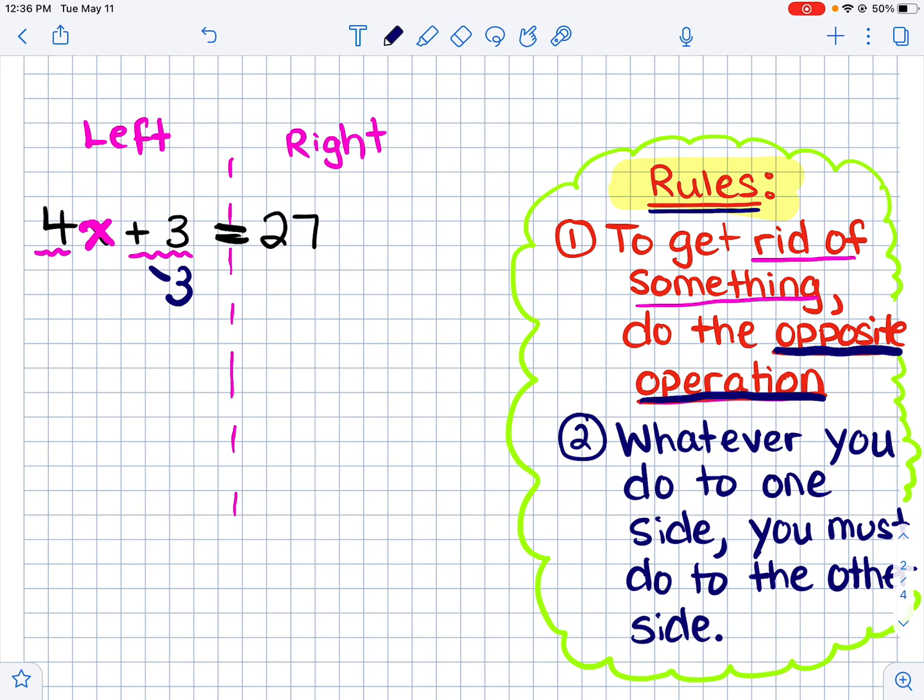And then whatever I do to one side, I must do to the other side. So I'll subtract 3 on both sides. All right, what happens? Plus 3 minus 3? That's 0. So they're gone. So I'm just left with 4x equals 27 minus 3. So 24.